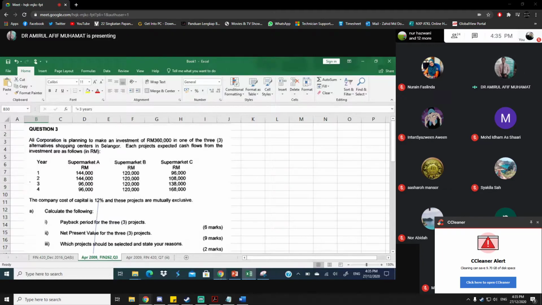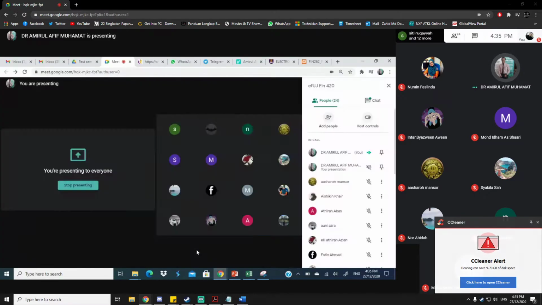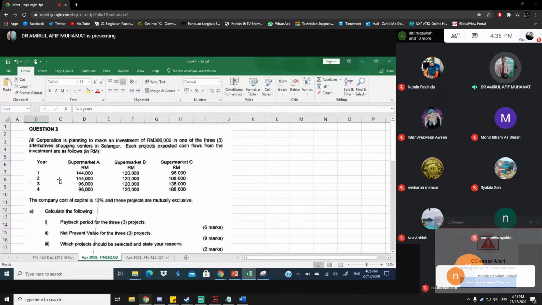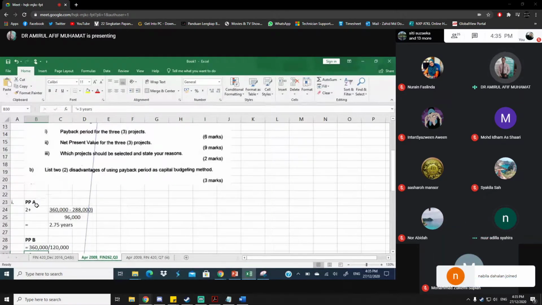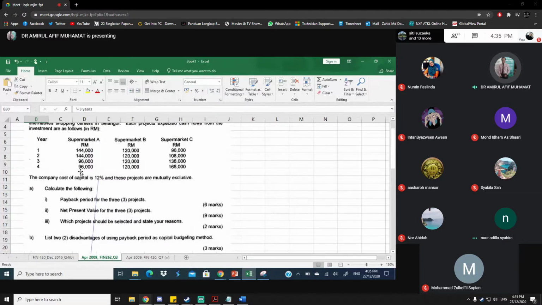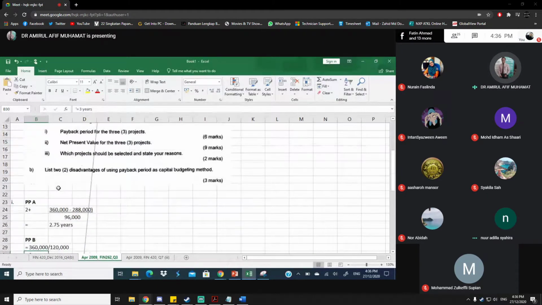For supermarket A and C, that is the uneven. So if you look here, first year 144,000 plus second year 144,000, then you get 288,000 plus the amount in the third year, 96,000. Actually, you have more.